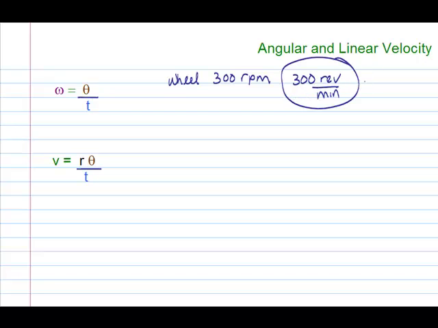And since each revolution equals 2 pi radians, if we do this conversion, so the revolutions cancel out, we're going to get 600 times pi per minute, or, rounding a little bit, 1885 radians per minute. Again, we don't have a unit of measurement that we can write for radians. This is our angular velocity.